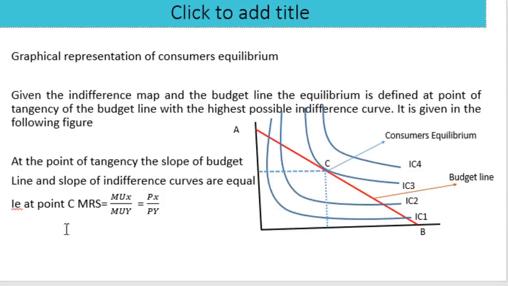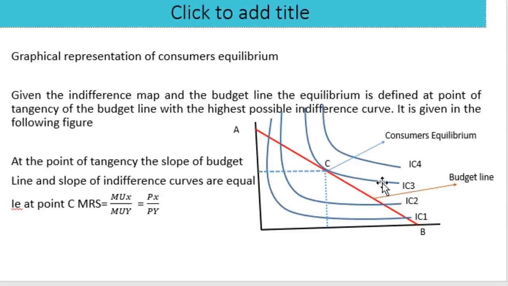This can be explained as follows. Given the indifference map and the budget line, the equilibrium is defined at the point of tangency of the budget line with the highest possible indifference curve. It is given in the following figure. The equilibrium of the consumer is obtained when the slope of the budget line, the budget line is AB, is equal to the slope of the indifference curve.